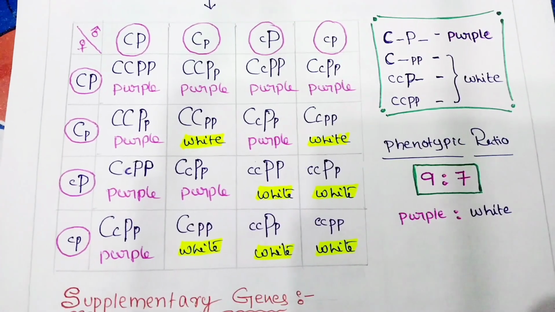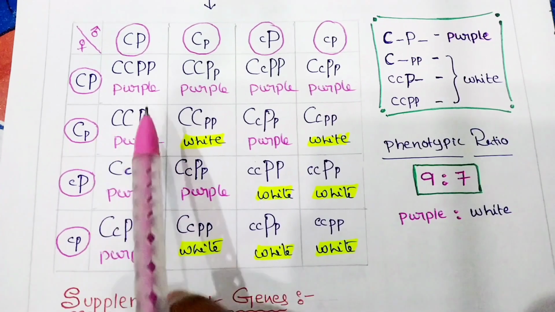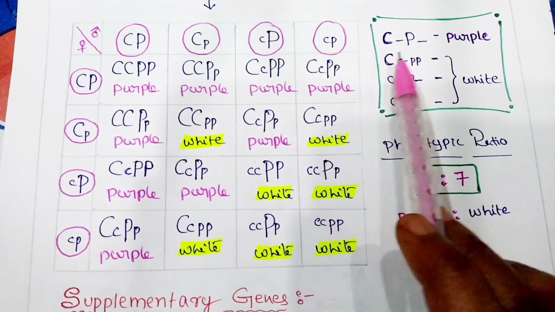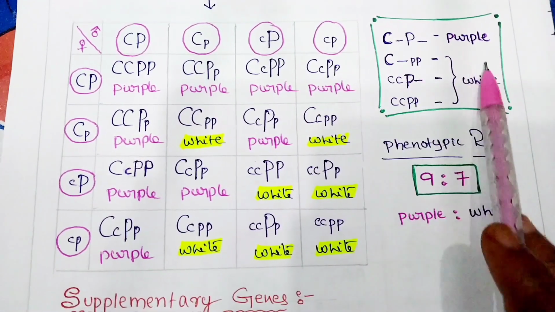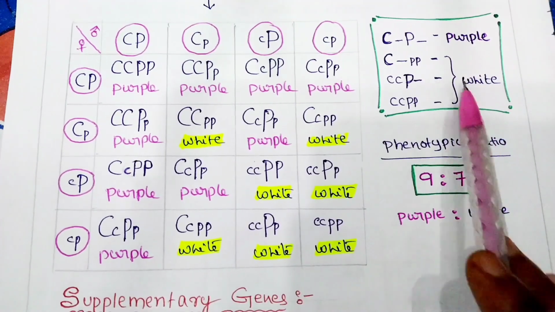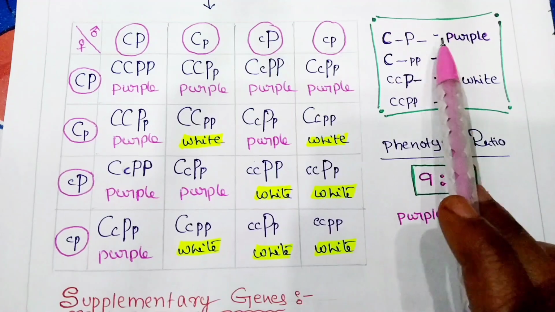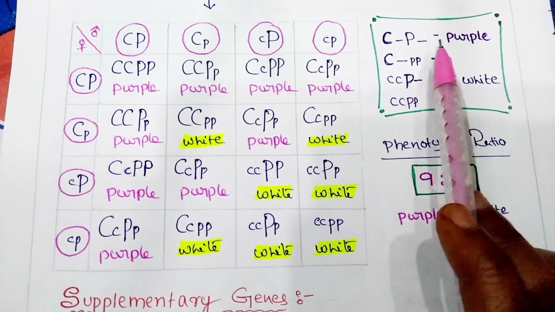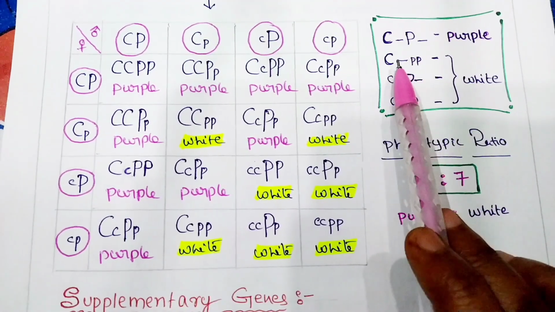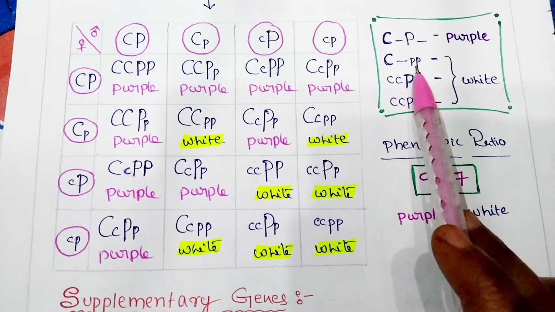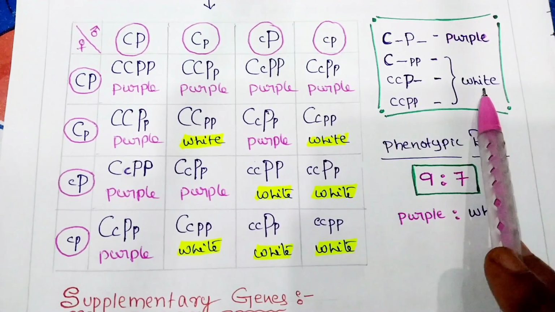Let's see the Punnett board. These are the situations you have to remember. When capital C and capital P are present, it will produce purple color. When only one gene is present, it will produce white color.